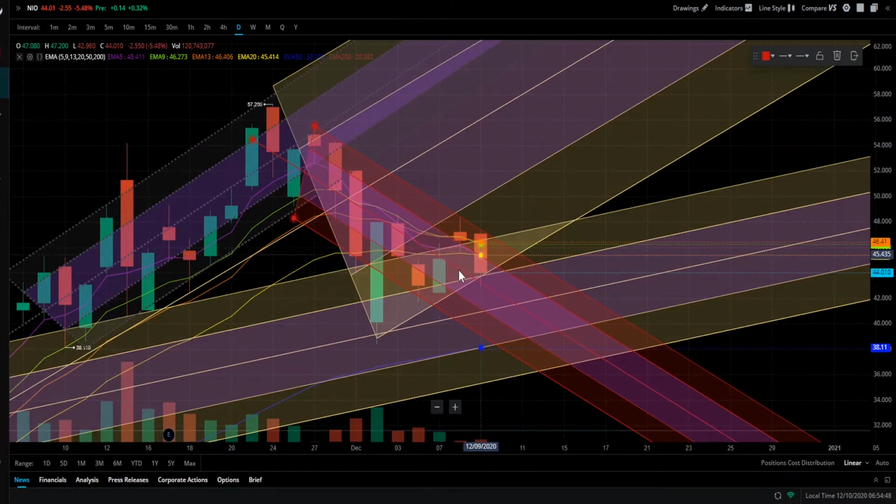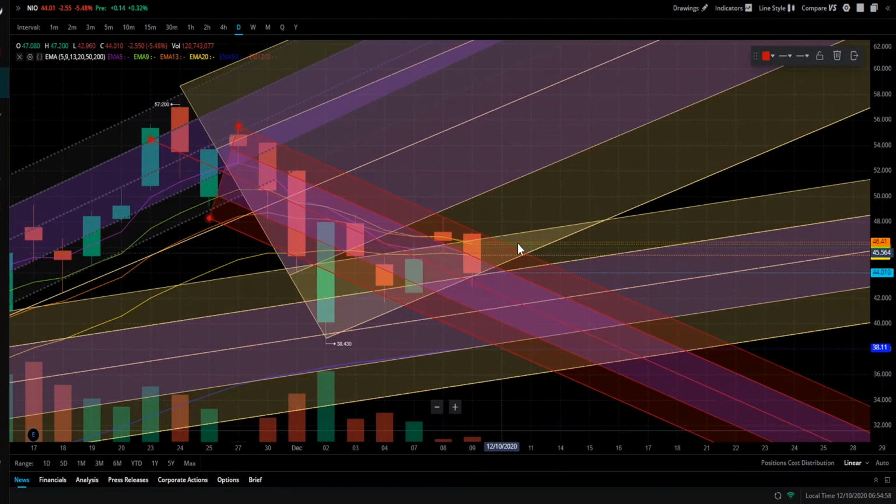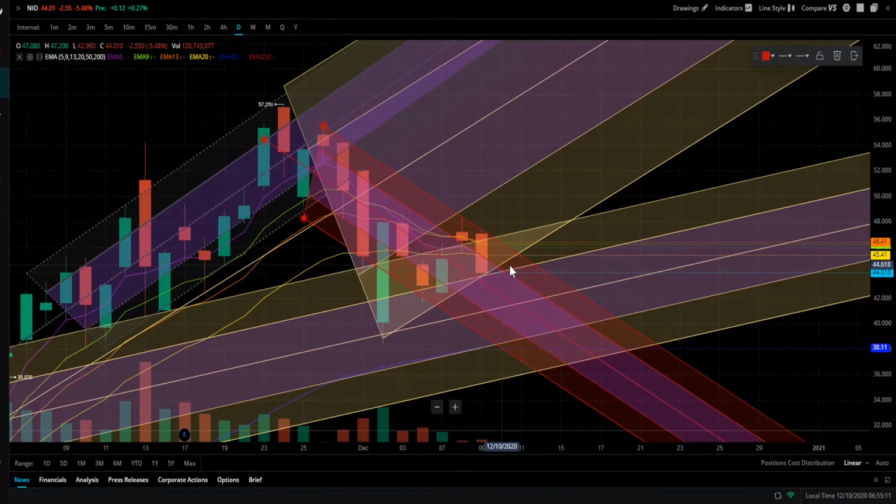Because of these signals, the pattern I'm seeing here, I would say that we are going to drop even further. I am seeing less probability of going up really, and if we go up, it's going to be a very slow rise, and it's not going to really go places, because it's just going to have so much resistance in there that is going to keep it at low levels.